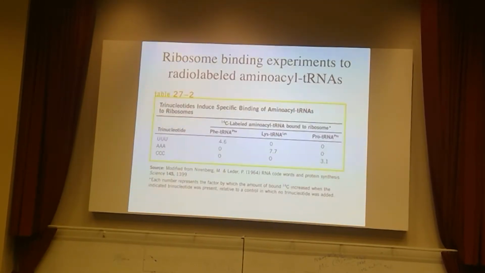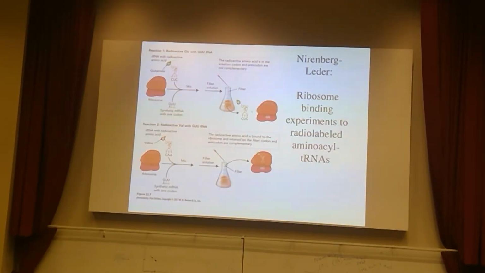These experiments were also conducted by Nirenberg with another individual later working in Nirenberg's lab. And this cartoon here describes the experiment in a little bit more detail, right? So we're going to be working with, let's say, radioactive glutamic acid in this first case. And we're going to associate it with the proper tRNA for glutamic acid, and that happens to have this codon CUC.